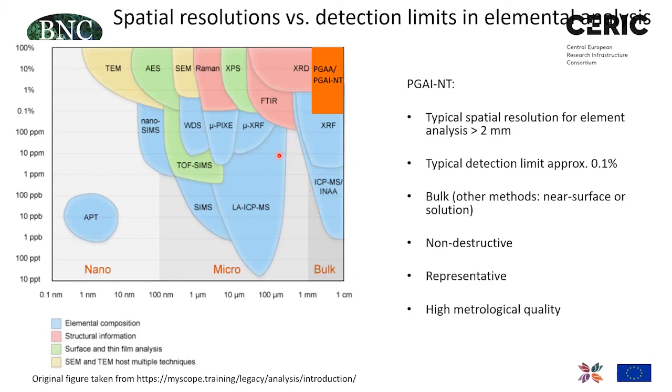And on the other thing, the penetration depths, so the sampling depth of those methods, are also not always satisfying for representative measurements. And in these cases, PGAI and PGAA can help, where the resolution is not so nice, but the result we generate is very representative.